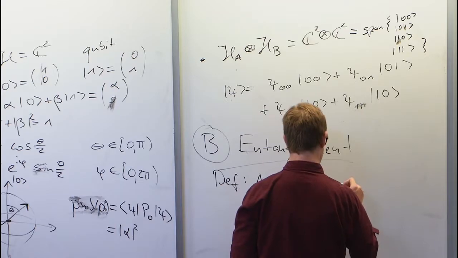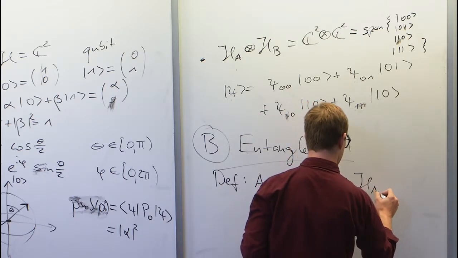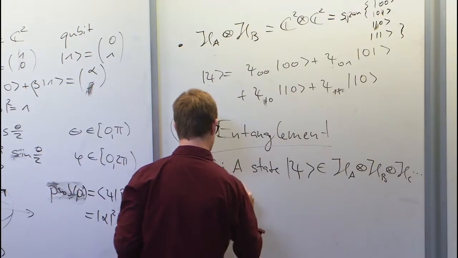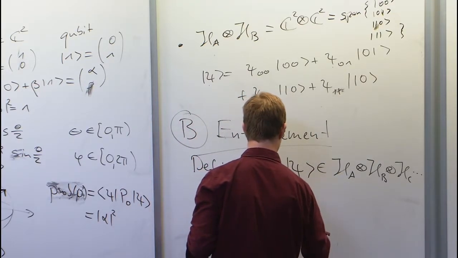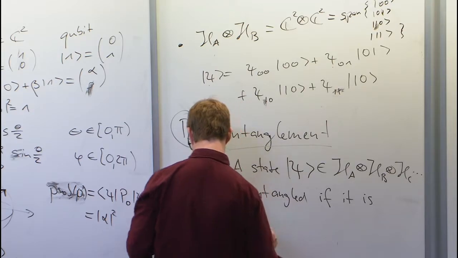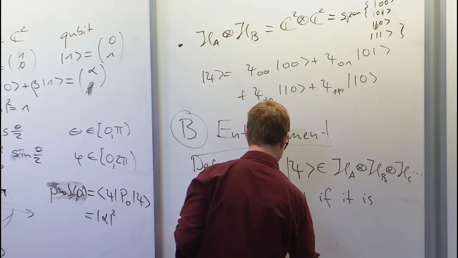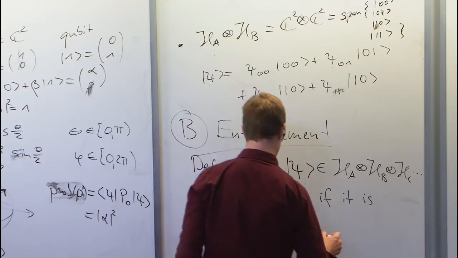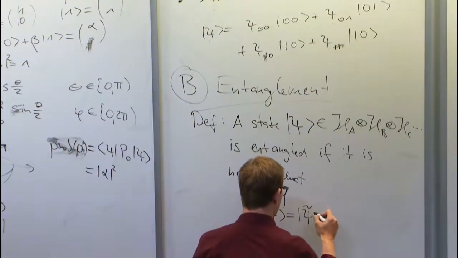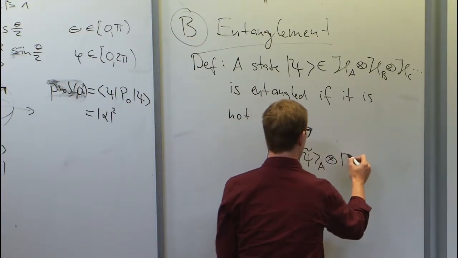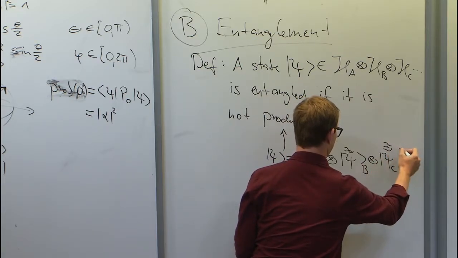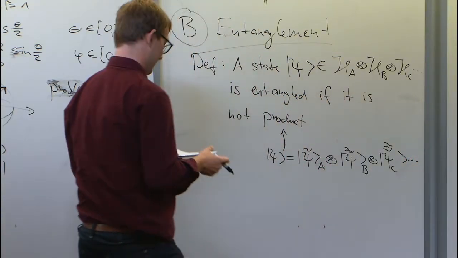We're going to say a state psi in this Hilbert space is entangled if it is not, believe it or not, product. Being product means that psi is of tensor rank 1.